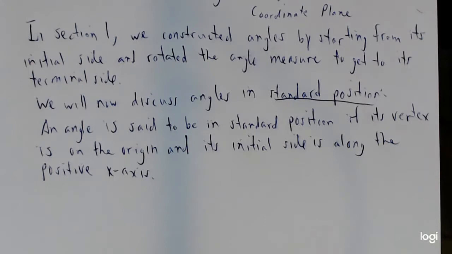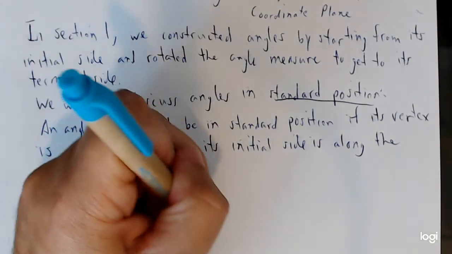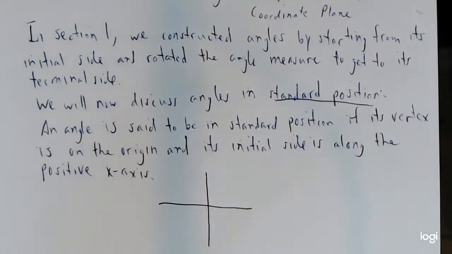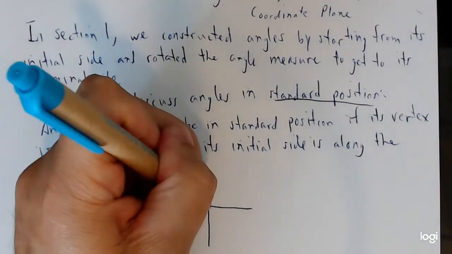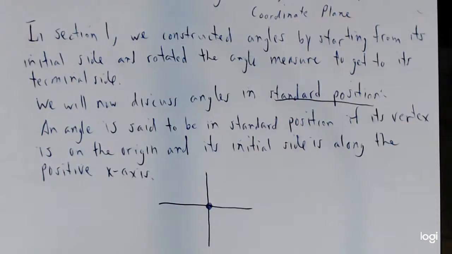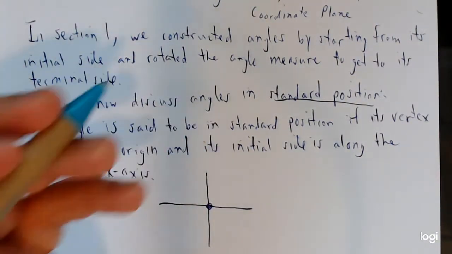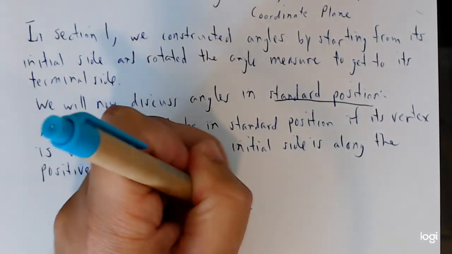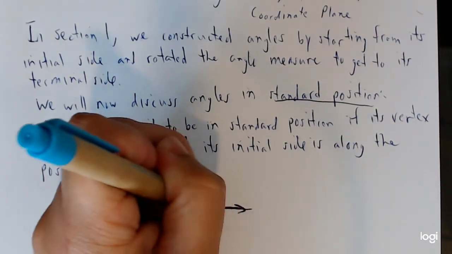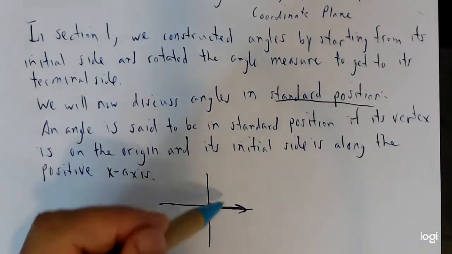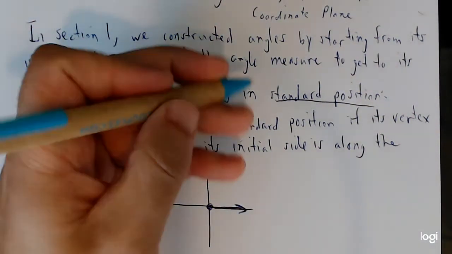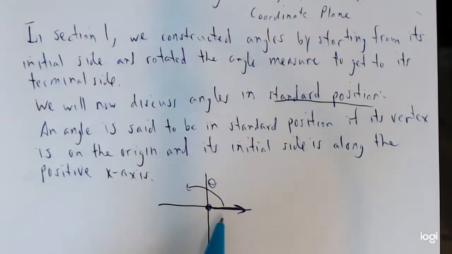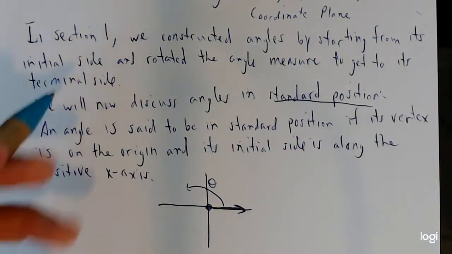To draw an angle in standard position, we need to make sure that our vertex is always on the origin, which is there, and my initial side, the side I begin from before I rotate, is always on the positive x-axis. So that's my initial side. Then let's pretend we rotate an angle of theta, and this angle tells me exactly where my terminal side is going to go.